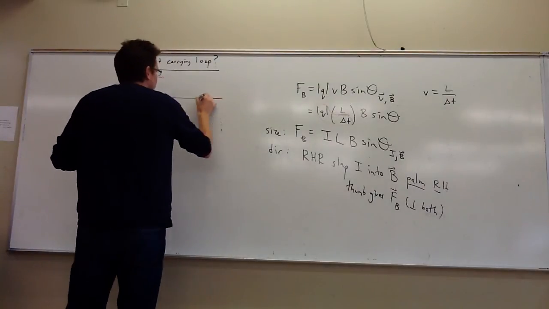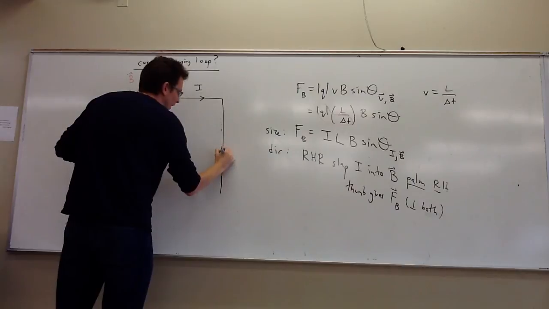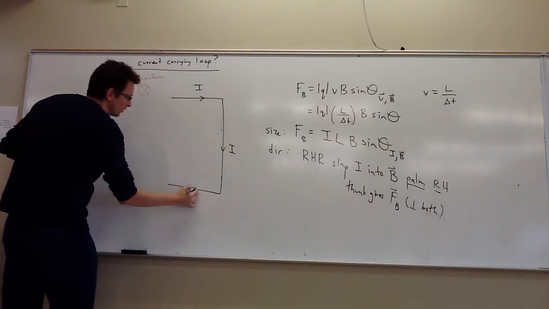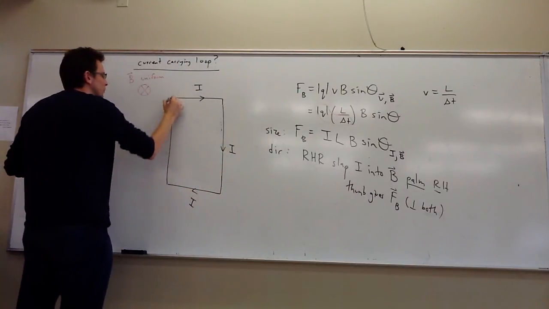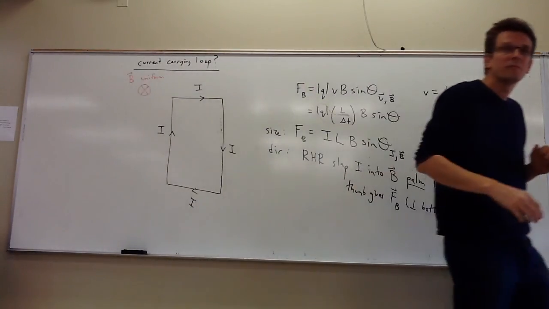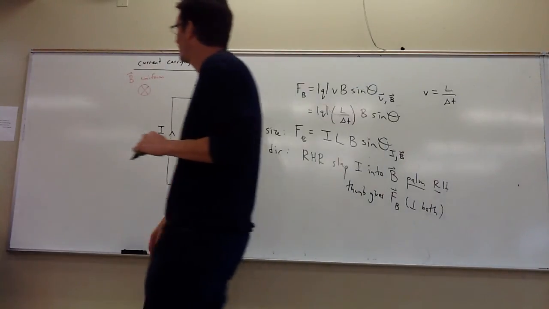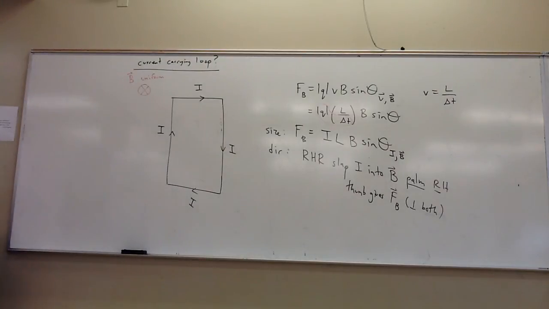And then let me construct a 4-segment current loop. Not sure how far we're going to get with this today, but at least we can practice the right-hand rule.